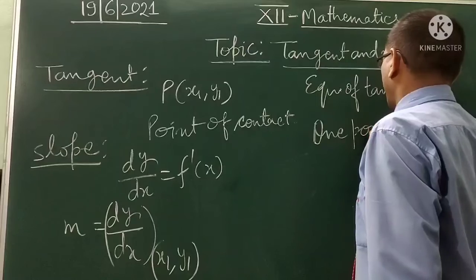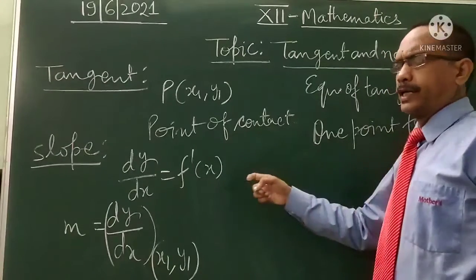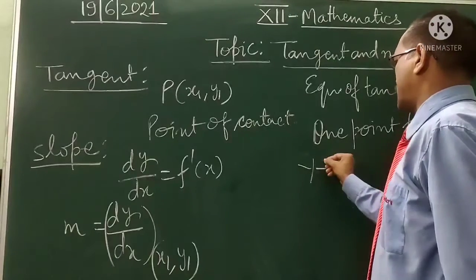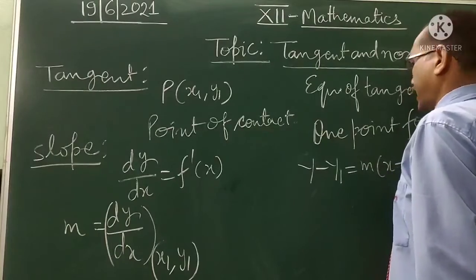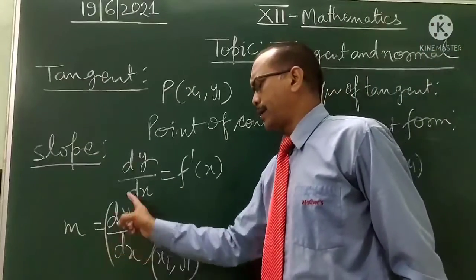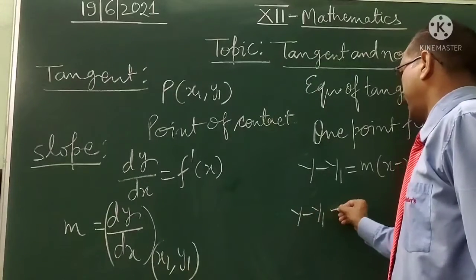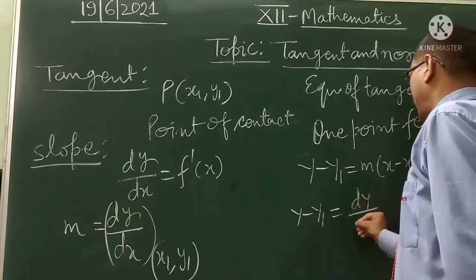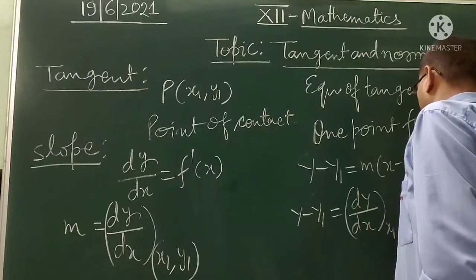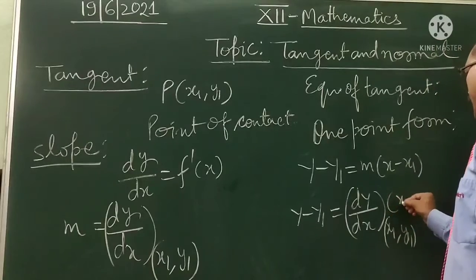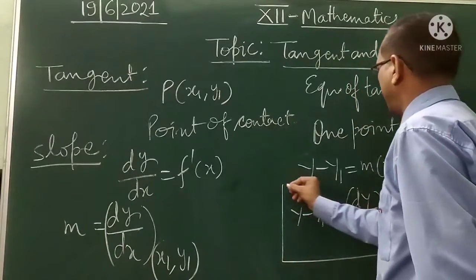As you studied in class 11, it is y minus y1 equal to m times (x minus x1). Here m equals dy over dx at the point of contact. So it is y minus y1 equal to dy over dx at the point (x1, y1) times (x minus x1). It is the equation of the tangent.